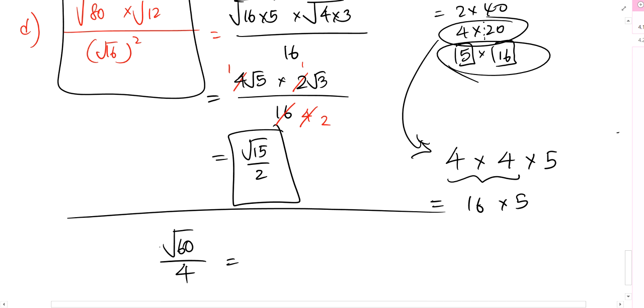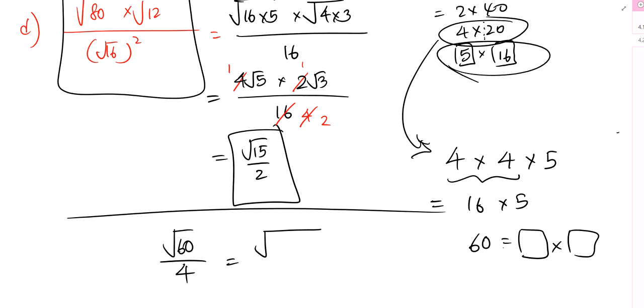Square root 60 can simplify into square root of, now I want two numbers which, when multiplied together, give you 60, and one of them is a perfect square. I think one of them will be 4, and what is the other? 15. Okay, so this will be square root of 4 times 15 over 4.